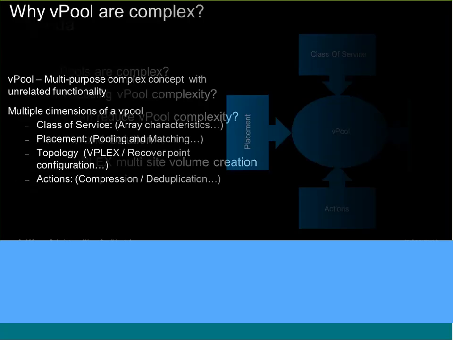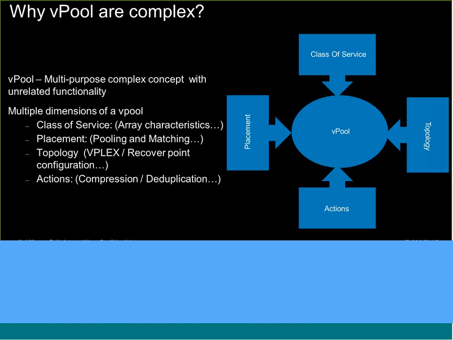Okay. So first, we did analysis and found why vPools are complex. At a high level, vPool started with a very good concept, but over a period of time, vPool has become a multi-purpose complex concept with unrelated functionality.